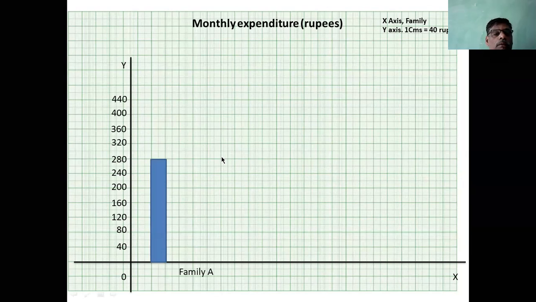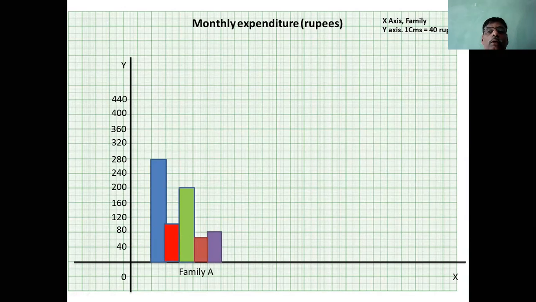In family A: food, second category, third category, fourth category, fifth category. Components are there. Food is there, education is there. First 280, second component, third component, fourth component, fifth component. Like this, one bar for one component.